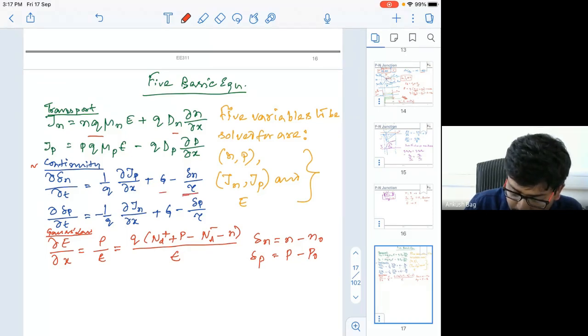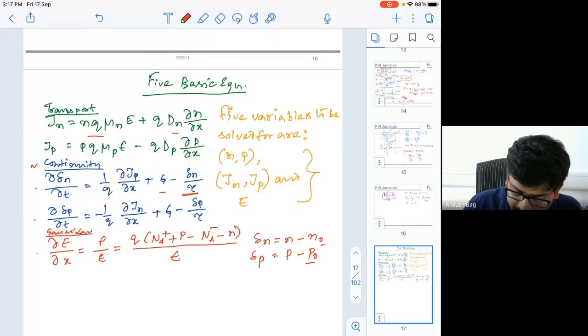In case of recombination we are writing del n by tau, which is equal to the excess carriers, del n, that is n minus n naught. Here n naught is the equilibrium electron concentration, and p naught is the equilibrium hole concentration. So these two are the continuity equations considering electrons and holes, and the fifth one is the Gauss law.